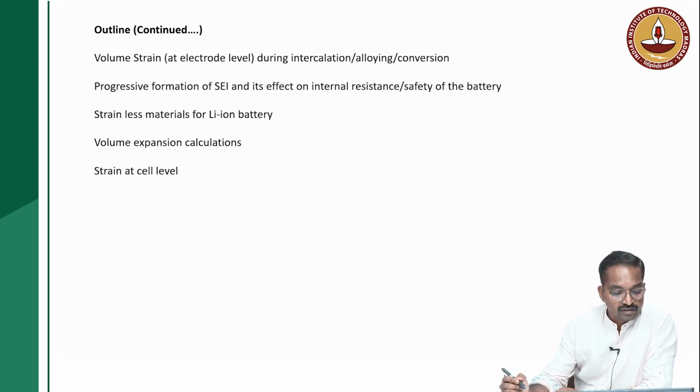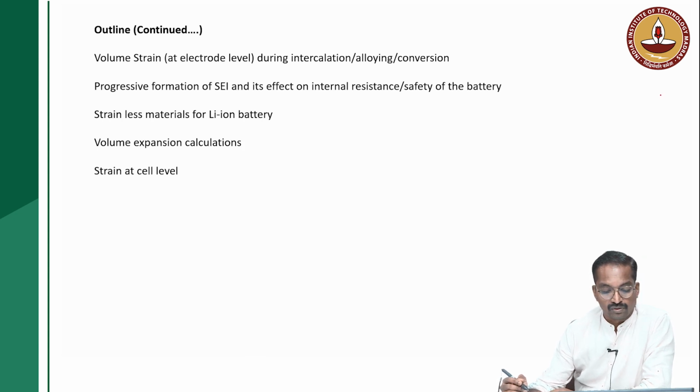Some more, then volume strain, because when you store lithium into the anode or cathode, when the lithium goes in and comes out of the electrode material, there will be a volume change associated with these materials.